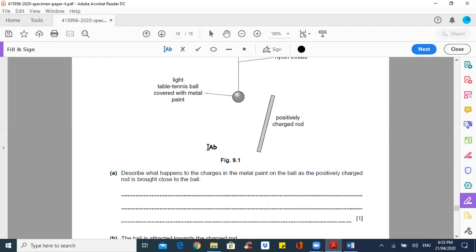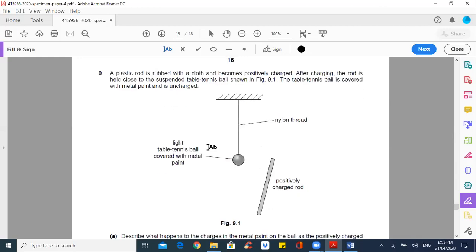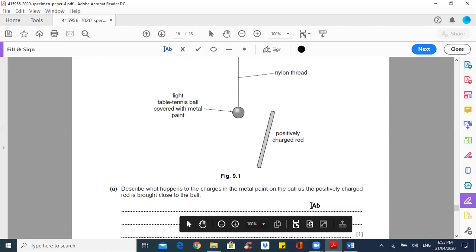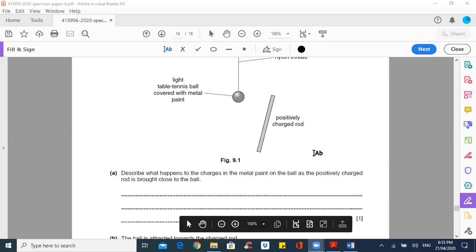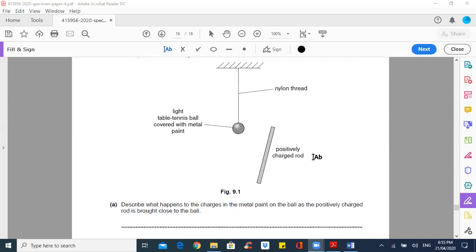Describe what happens to the charges in the metal paint on the ball as the positively charged rod is brought close to the ball. What do you think is going to happen? This is something called static electricity.